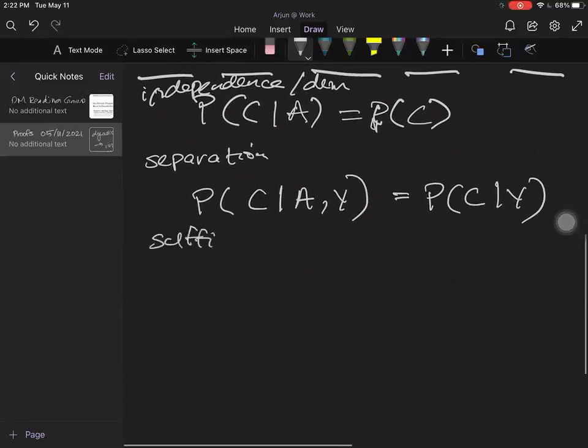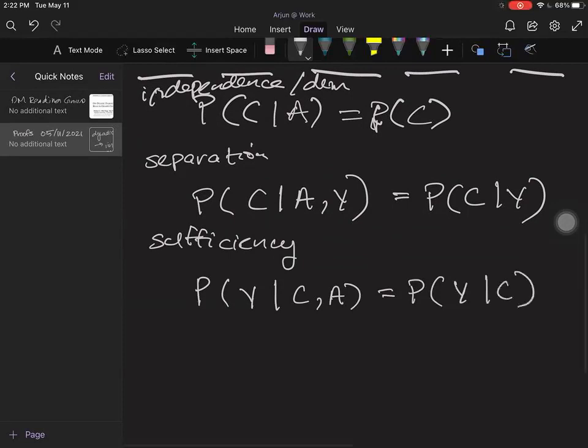And then we have this last measure, which is sufficiency, which is kind of the reverse. So the probability of Y given C comma A is equal to the probability of Y given C. All of these fairness measures are different, and they all tell you different information about what your model is doing. Importantly, they're mutually exclusive, so none of these three can be satisfied simultaneously.